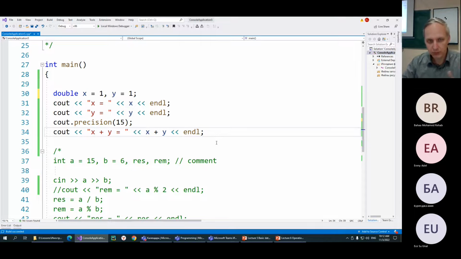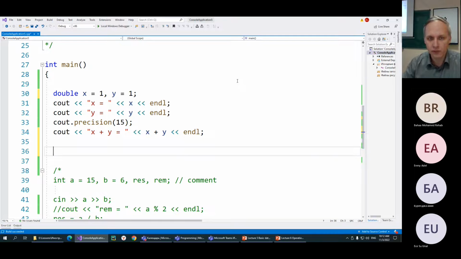Let me show you this result again, because it's very important, and sometimes students make mistakes. For example, 1/3, and output to the screen 1/3.